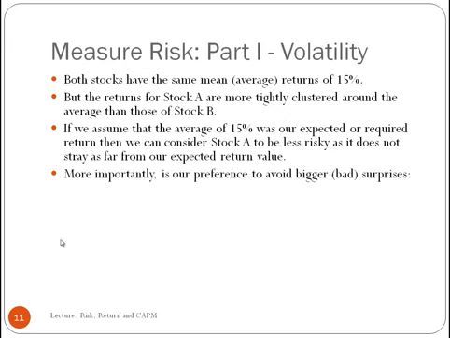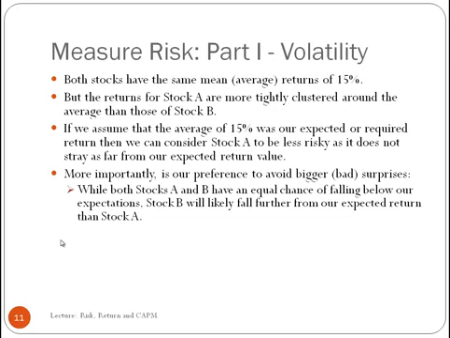And more importantly, it is our preference to avoid bigger and bad surprises. So while both stocks A and B have an equal chance of falling below our expectations, or above, stock B will likely fall further from our expected return than stock A.